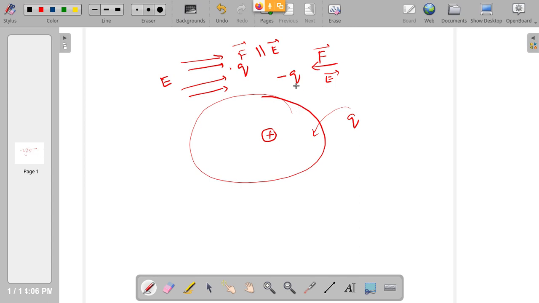Now, based on this, one can define what is called electric lines of force. What are electric lines of force? You can imagine that there are several lines coming out of a charged object. These are like lines of force. That means around the charge there is an electric field.